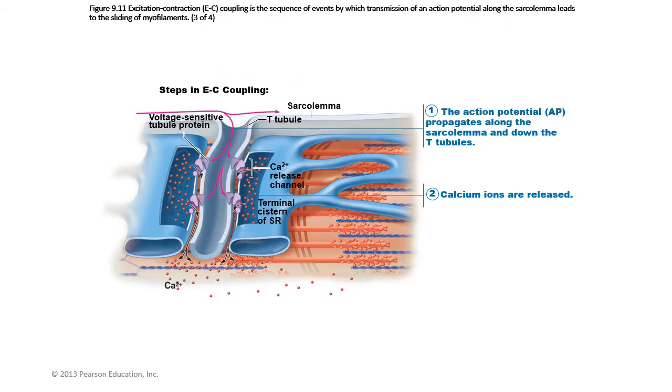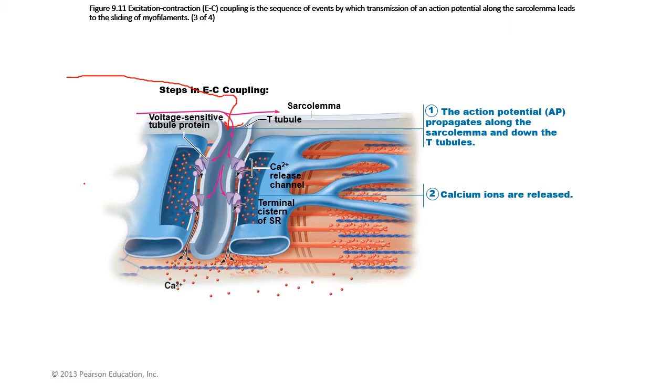The next series of reactions for contraction is called EC coupling, excitation-contraction coupling. So EC is the proper term. It's going to happen mostly in the T-tubules. So what's going to happen is that action potential is going to continue down the sarcolemma, and then it's going to enter that T-tubule.